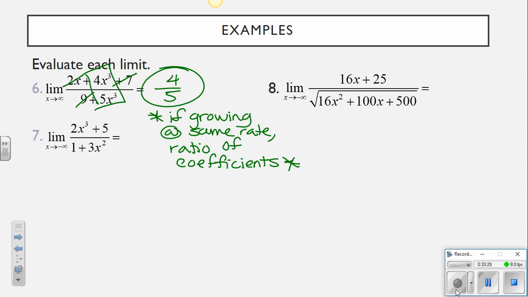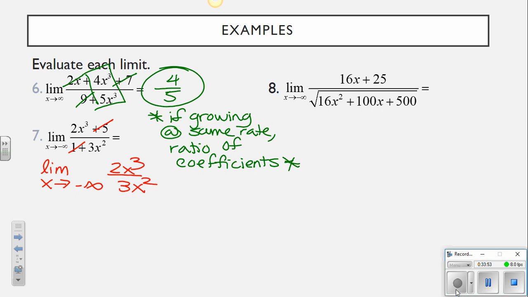All right, number 7. Which one's growing faster, numerator or denominator? Look at the powers. Which one's growing faster? Notice this time you're approaching negative infinity, right? So I have 2x cubed over 3x squared.